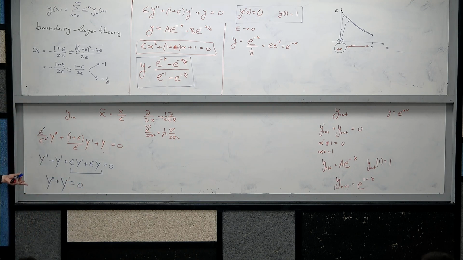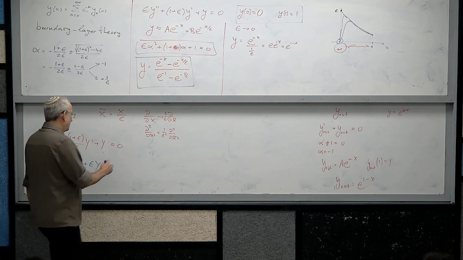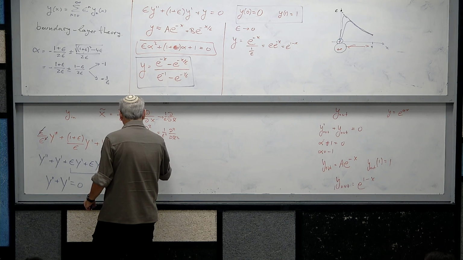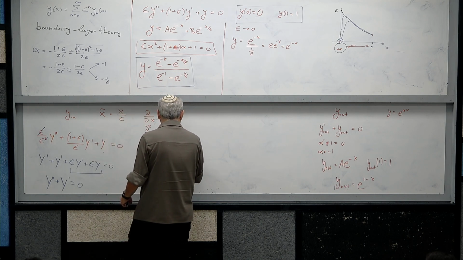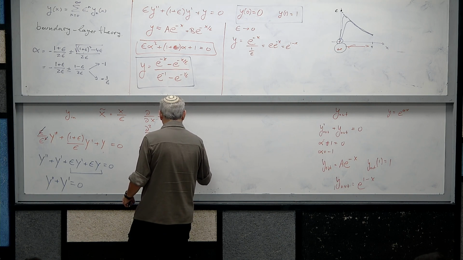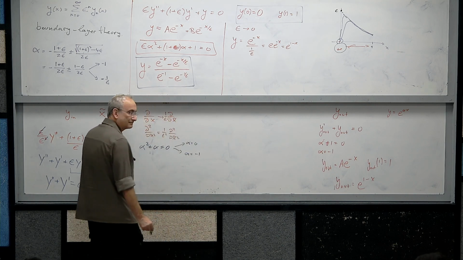How to solve this equation? Again, the answer is e to the alpha x. So I have alpha squared plus alpha equals 0. So I have two solutions. One of them is alpha equals 0, and the other one is alpha equals minus 1.